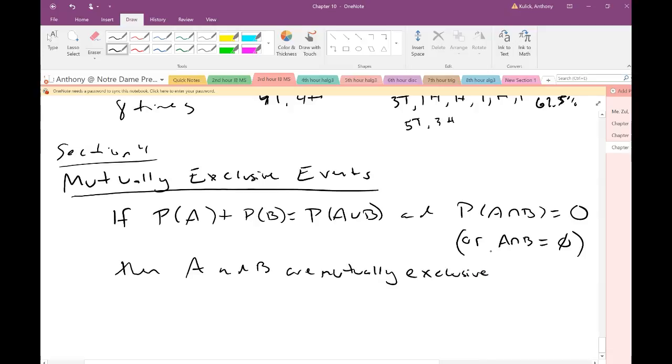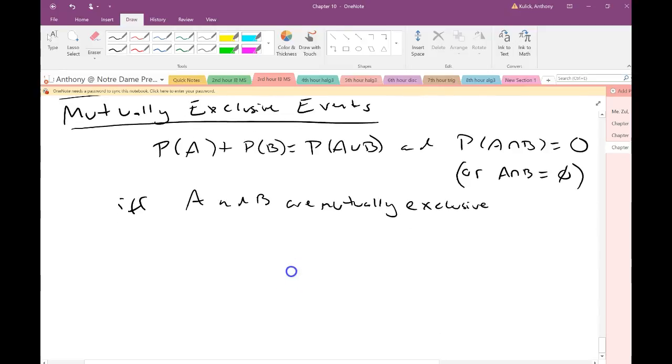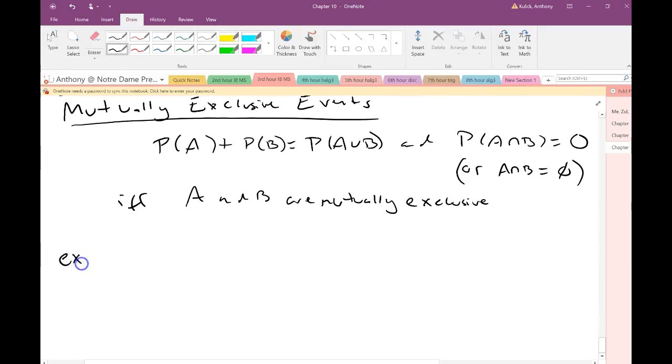I don't know why it says this as an if-then. This is really if and only if. This could read both directions. So this is a very simple idea, but very powerful.